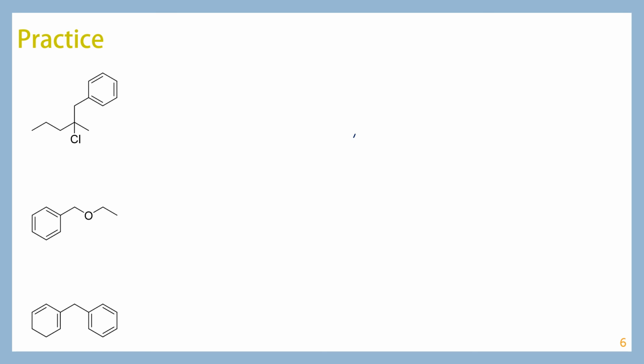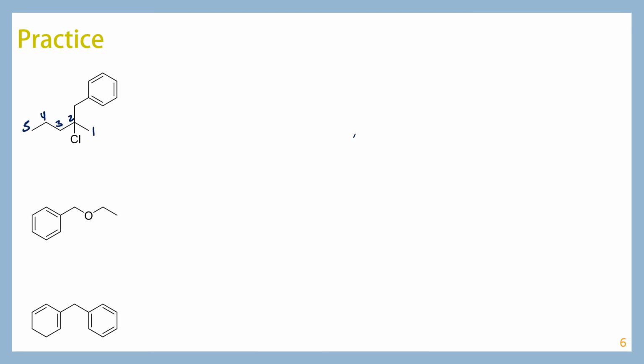Okay, welcome back. Hopefully at this point you've already worked through this and you have your answers written out. Now this first compound is kind of a tricky one. So you can see the chlorine here, and that probably gives you a hint that the benzene is going to have to be a substituent because you have a functional group on the alkane. Now the tricky part is, how am I going to number this?